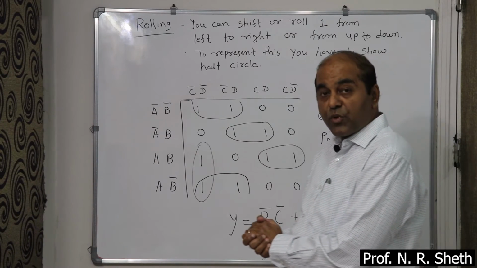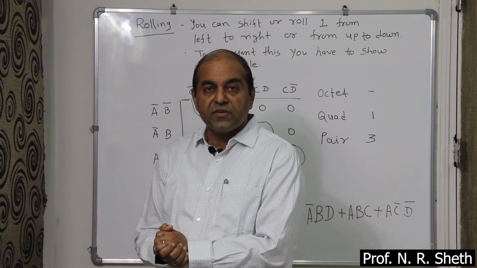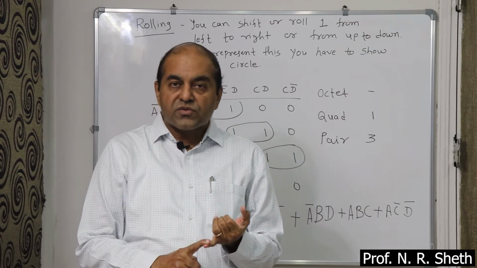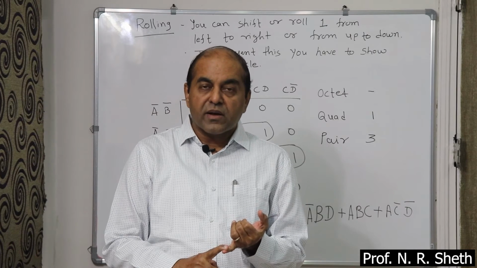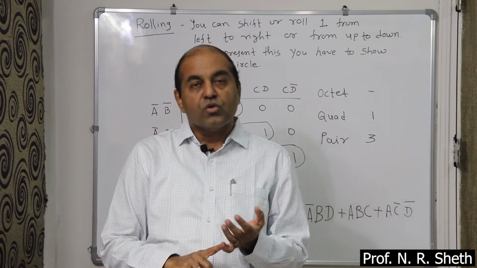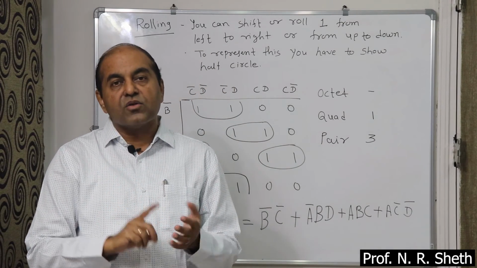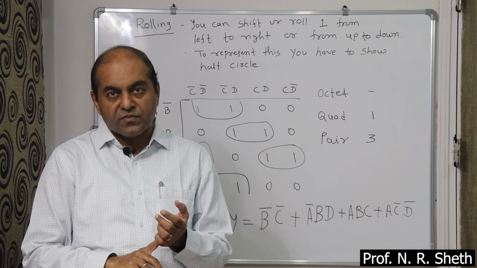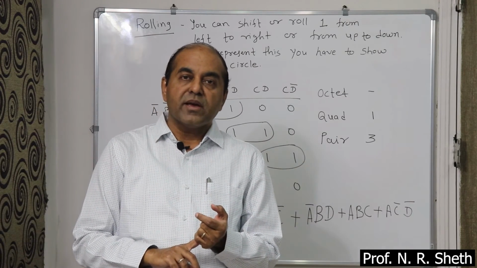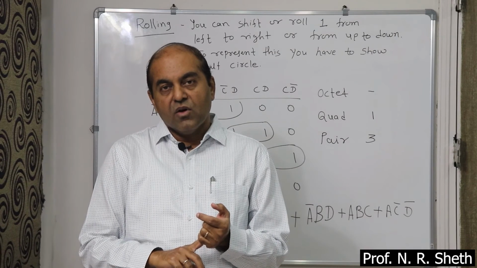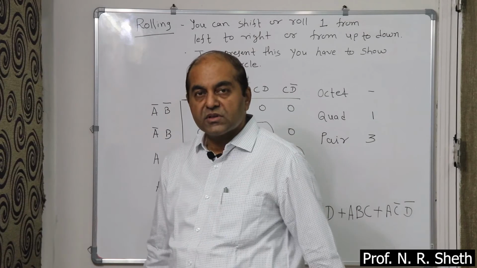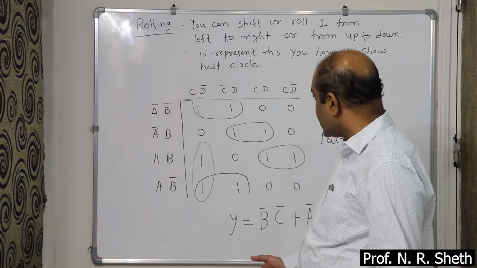So 5 properties we have discussed to simplify the K-map. First one, to prepare a group of 2 ones, that is pair, group of 4 ones, that is quad, and group of 8 ones, that is octet. And today we have discussed 2 properties, overlapping and rolling. Overlapping means you can use a one more than once, 2 times, 3 times.